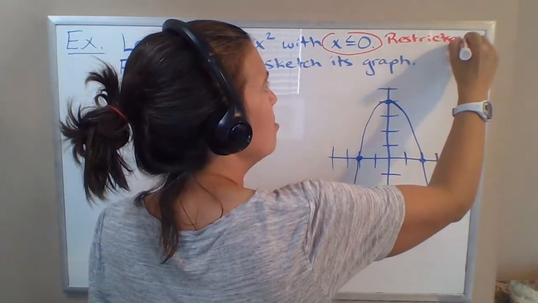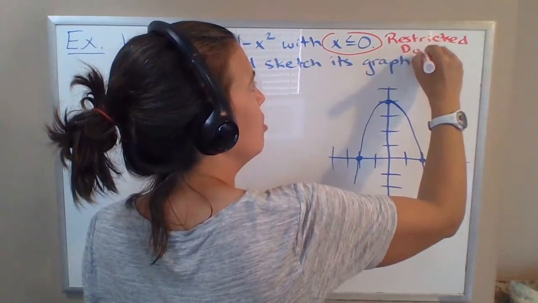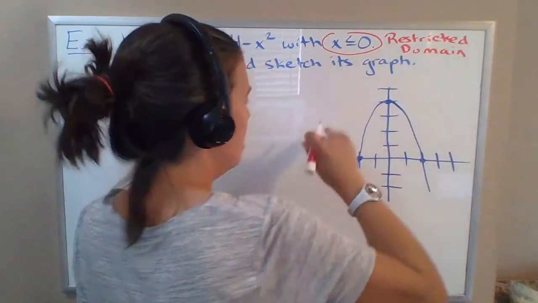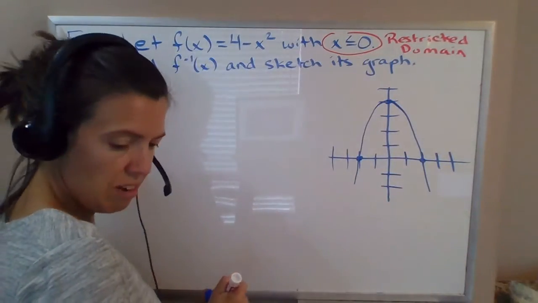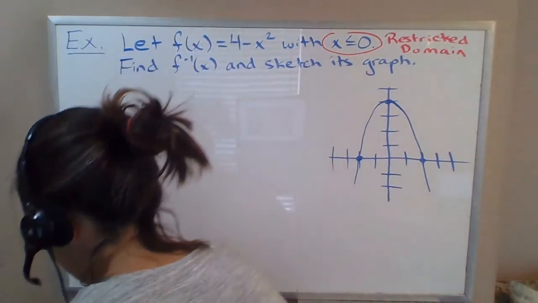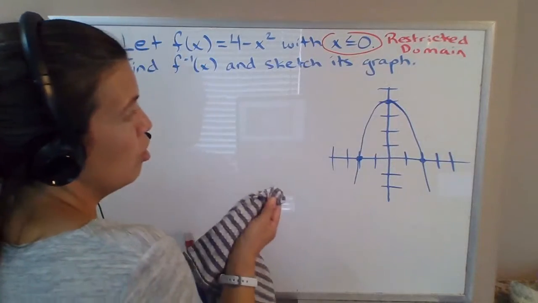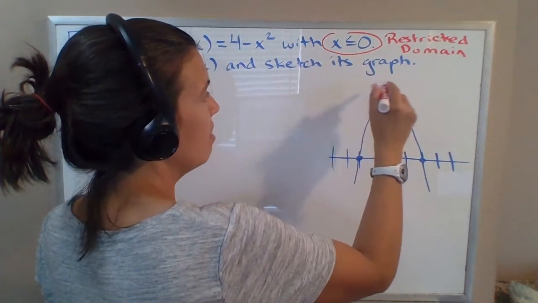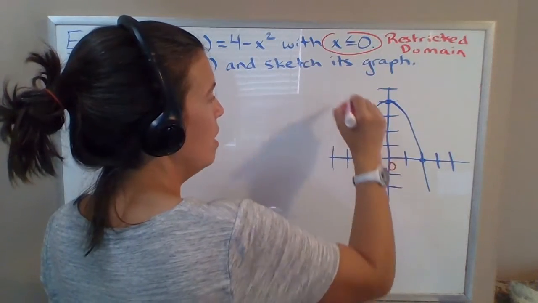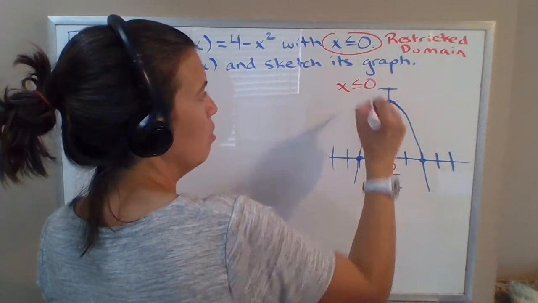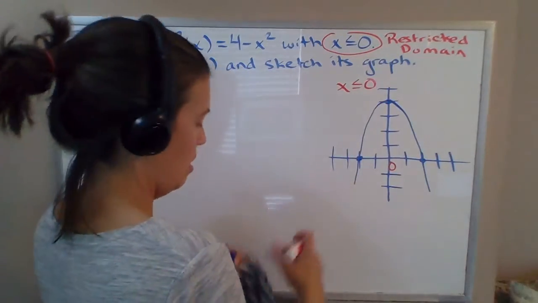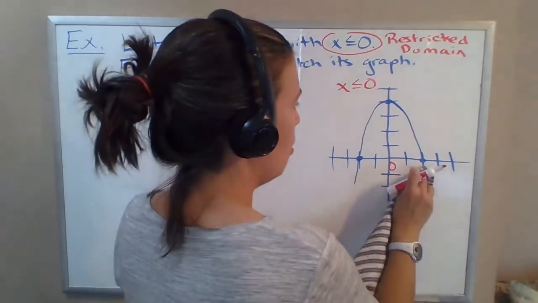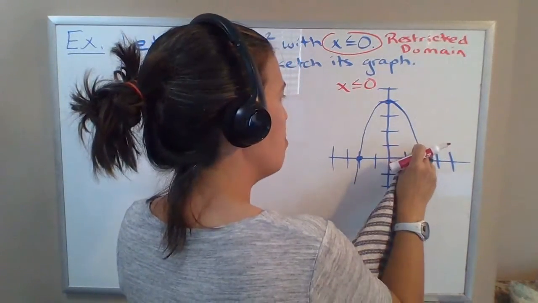It's necessary with these quadratic functions because if the graph is a parabola, it's going to fail the horizontal line test every time. But if we restrict the domain with something like x less than or equal to 0, the x's that are less than or equal to 0 are on the left side here. And so we get rid of all of the points on this graph with a positive x.